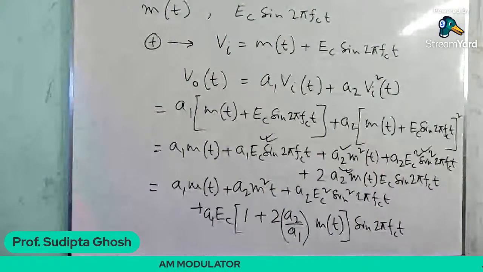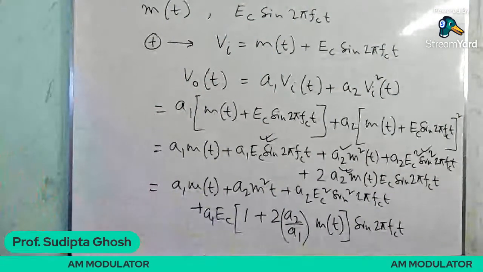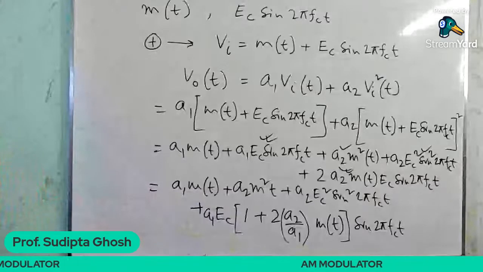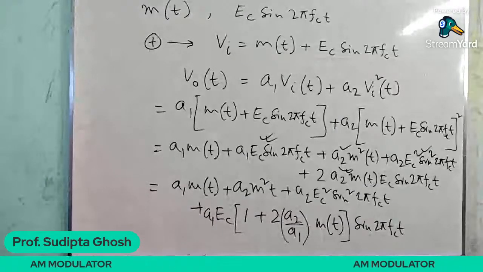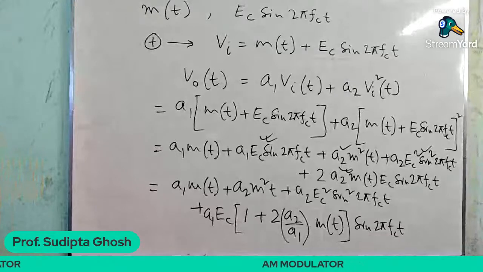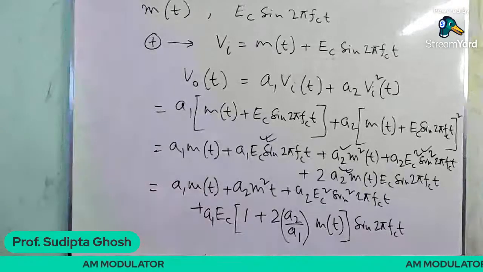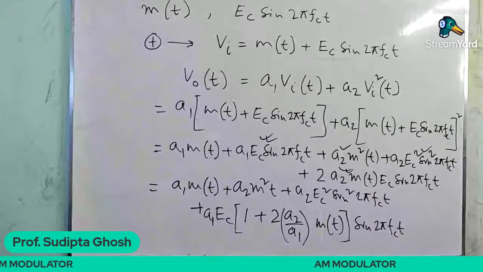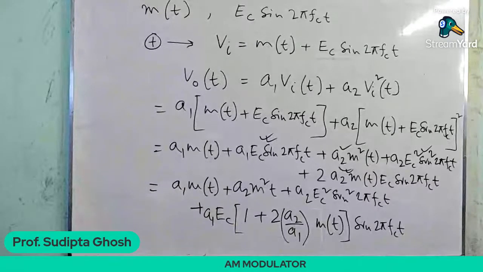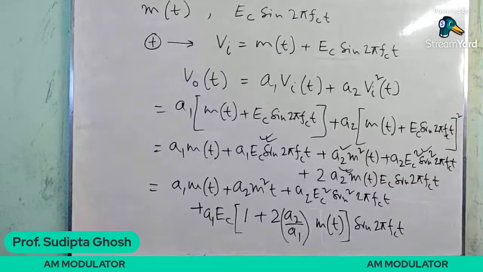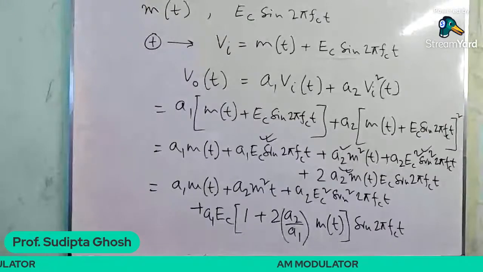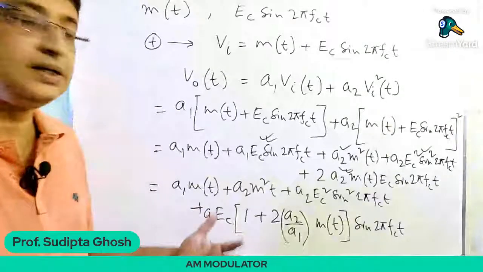So we have A1 MT plus A2 M squared T, then A2 EC square sine square twice pi FCT, and then the last term is A1 EC in bracket 1 plus twice A2 by A1 into MT into sine omega CT. So this is the output voltage of the nonlinear device, or the output voltage from the PN junction diode.